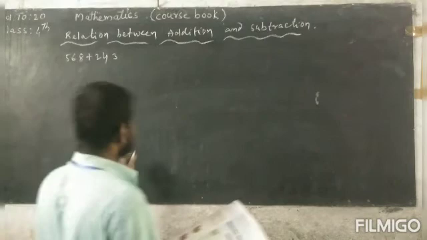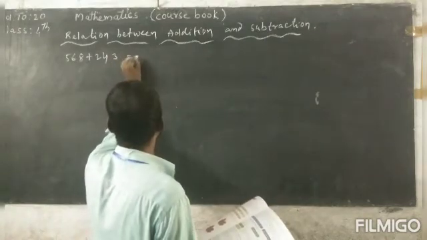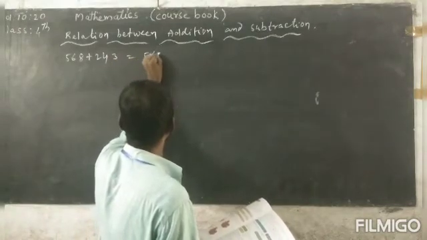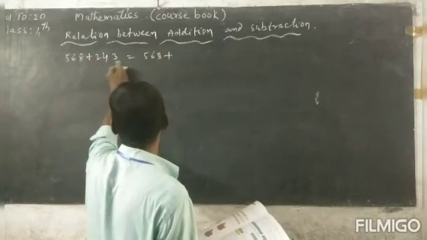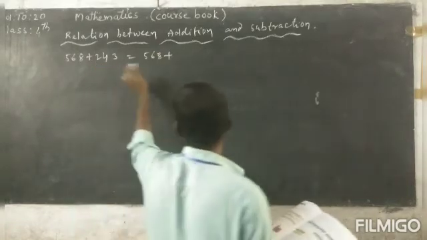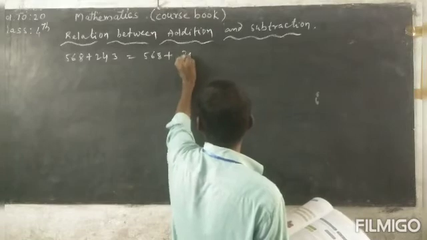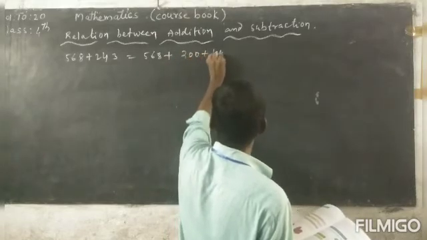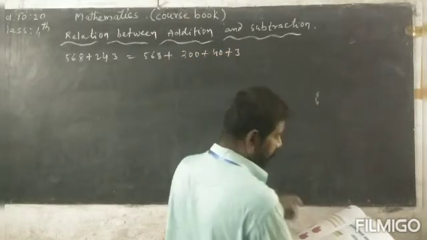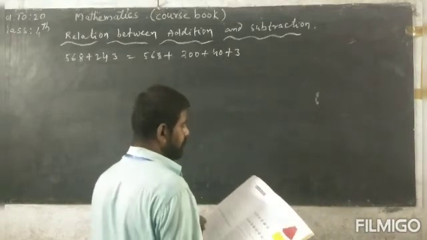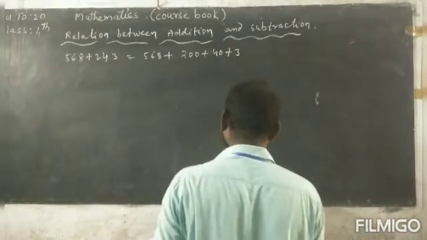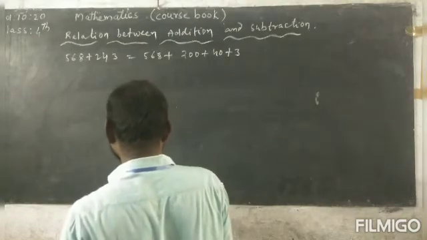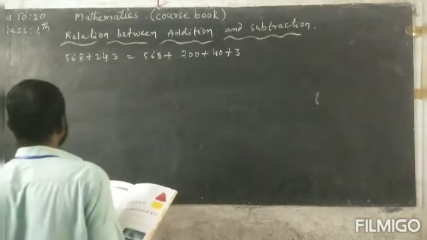It can be written in expanded form. So 200 plus 40 plus 3. Listen carefully, beta. See, this can be further simplified.